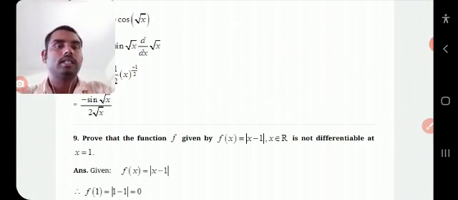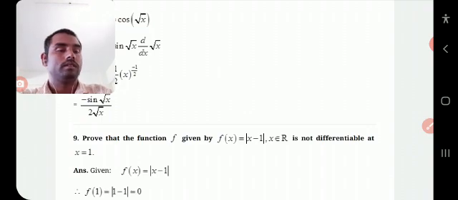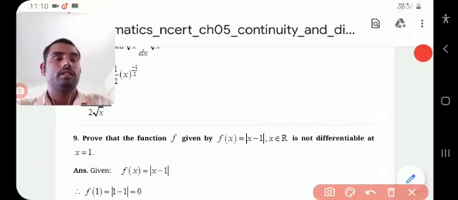Prove that the function f given by f(x) = |x − 1|, where x belongs to R, is not differentiable at x equal to 1. Listen, what is differentiable?